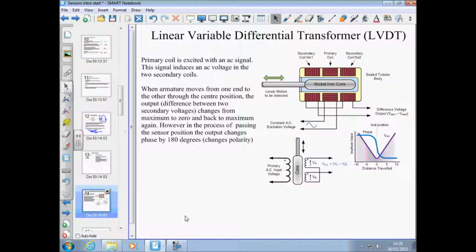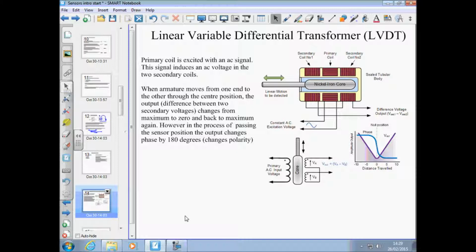Linear variable differential transformer. What these consist of is 3 coils, and then inside the 3 coils you've got a ferrous or a magnetic material, nickel iron according to this diagram.